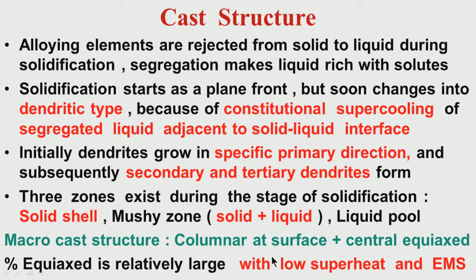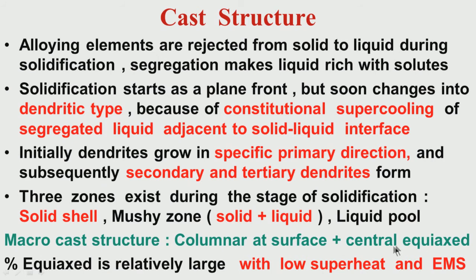Now, in the last session I talked about this superheat in connection with the cleanliness of the cast structure. If superheat is very low, then cleanliness is slightly affected, but if the superheat is low, you have more of the equiaxed zone rather than the columnar zone.